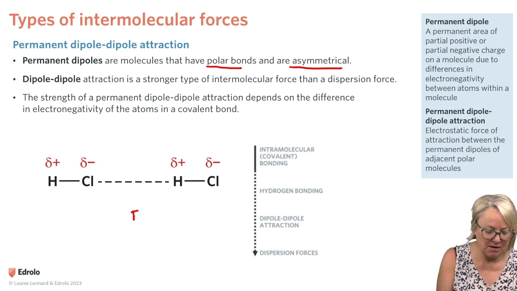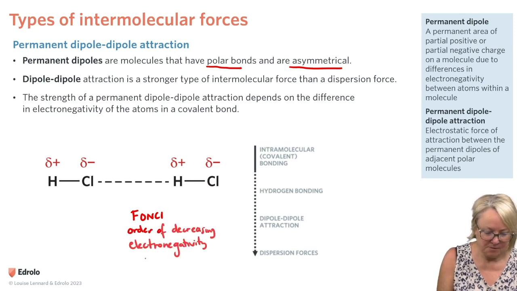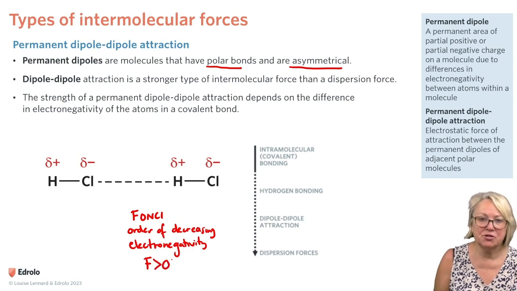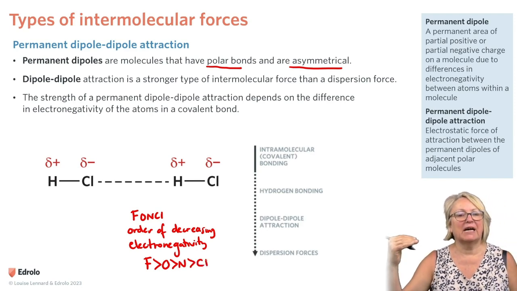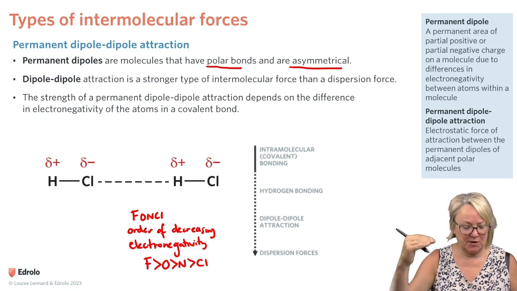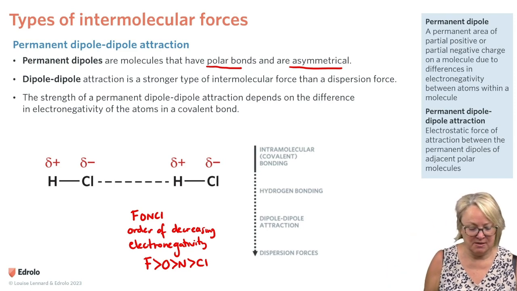And you can remember that FONCl is the order of decreasing electronegativity. So fluorine is more electronegative than oxygen, which is more electronegative than nitrogen, which is more electronegative than chlorine, which is more electronegative as we go down the group of the halogens.